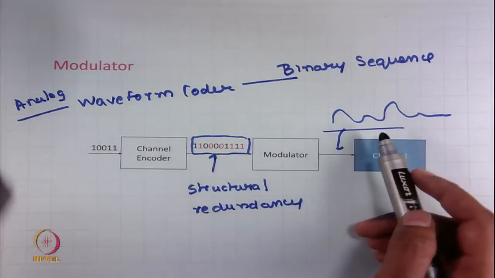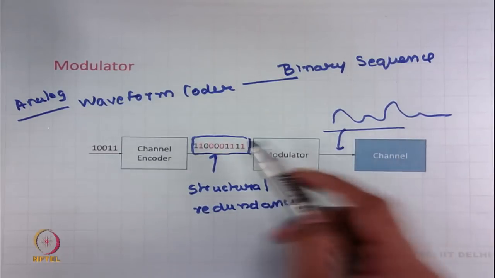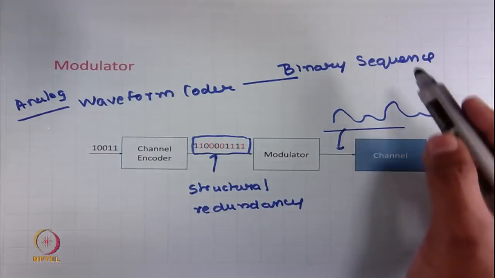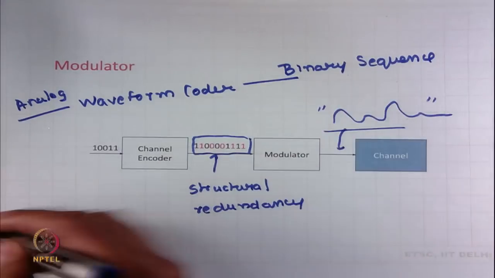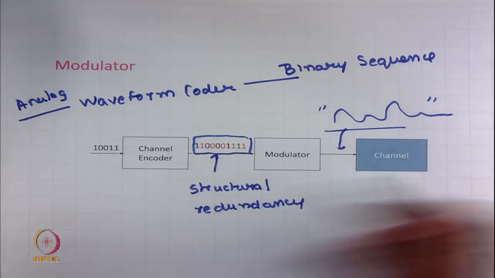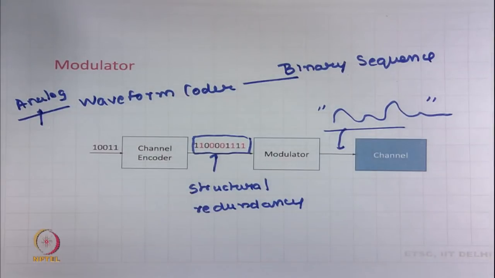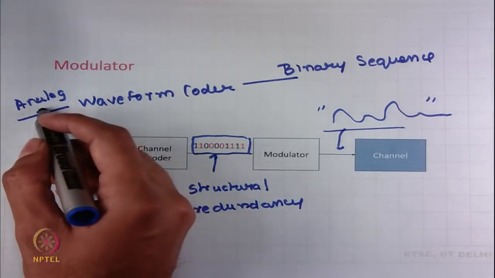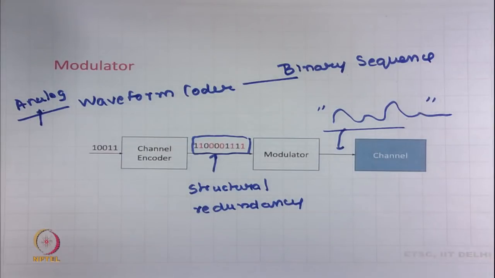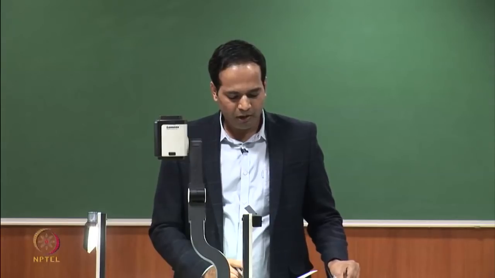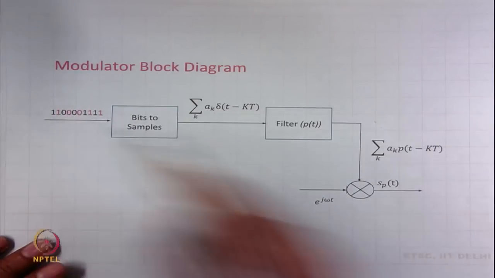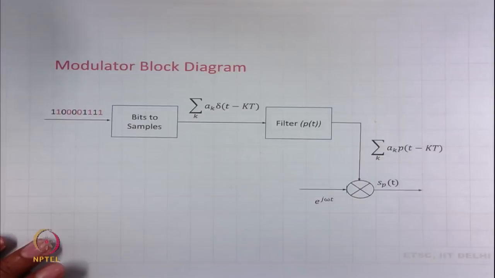Though it looks like we are duplicating our efforts, it is not the case, because the waveforms that the modulator produces are efficient to travel over the channel, whereas the waveforms that the waveform coder deals with depend upon the source characteristics. So, let us see in detail now the block diagram of a modulator. The overall purpose is to take in the binary sequence and produce some analog waveforms.